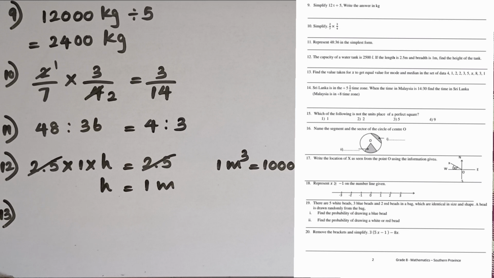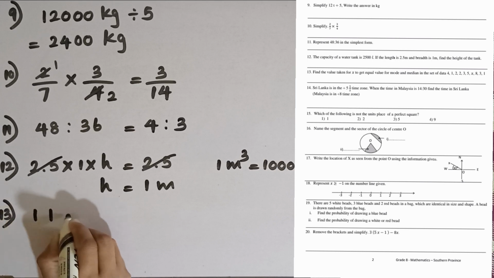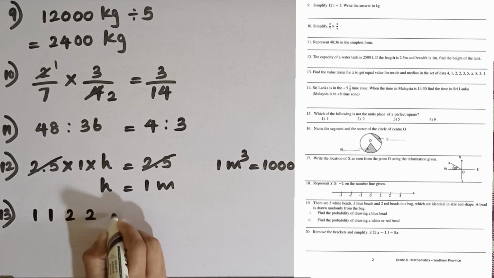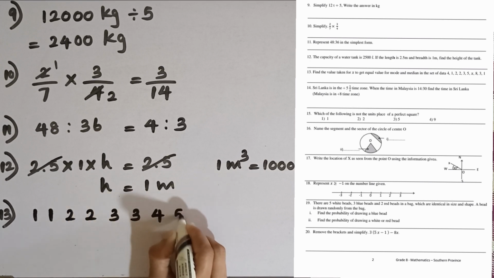So if we take x equals 1, then it's not suitable for the median. Then if we take the data set in ascending order, I can write like this: 1, 1, then 2, 2, 3, 3, 4, 5, and 8.